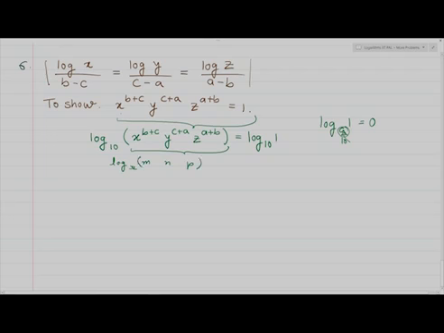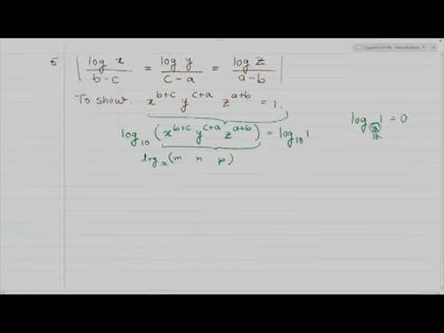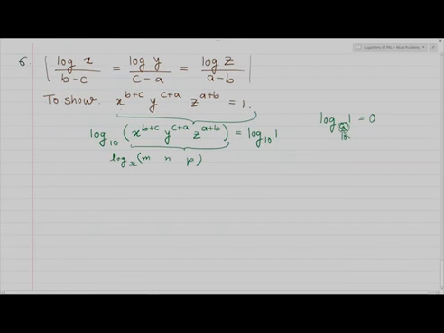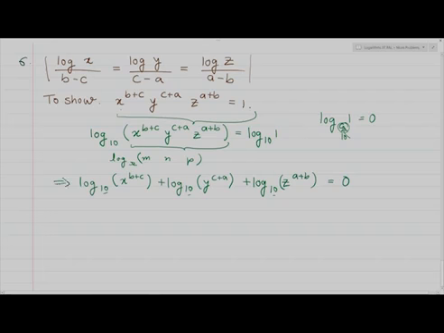So I can apply that extended multiplication law and I can rewrite this as log to the base 10 of x raised to b plus c, plus log to the base 10 of y raised to c plus a, plus log to the base 10 of z raised to a plus b. It does not matter whether this is 10 or not, it is some representative that I am taking, and this is equal to 0. So I am rewriting this expression. This is if and only if this is valid.